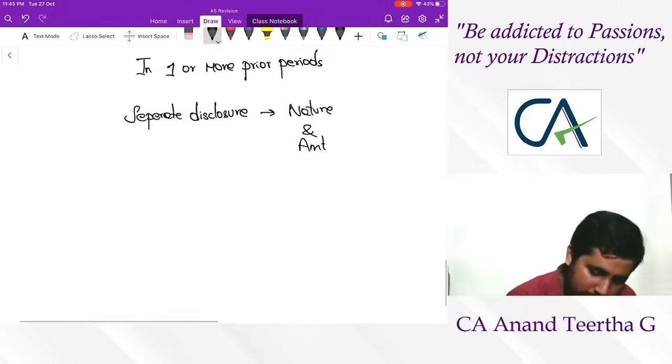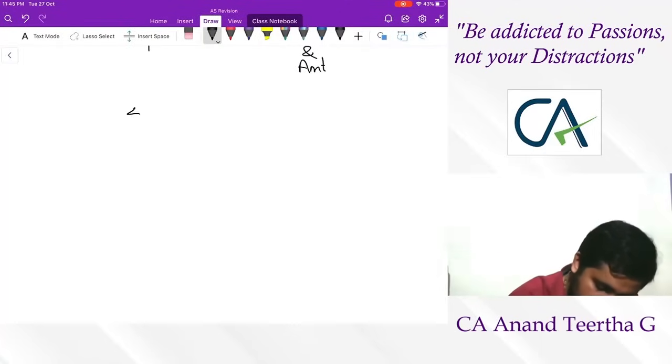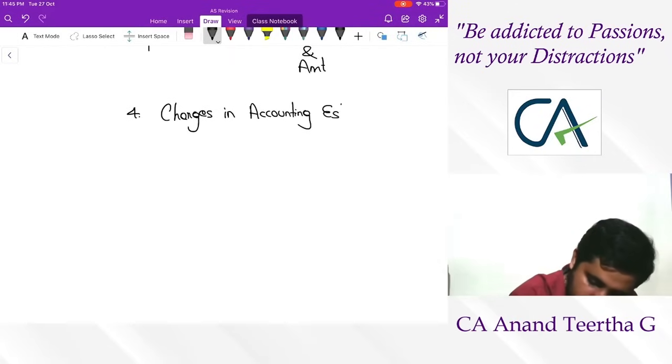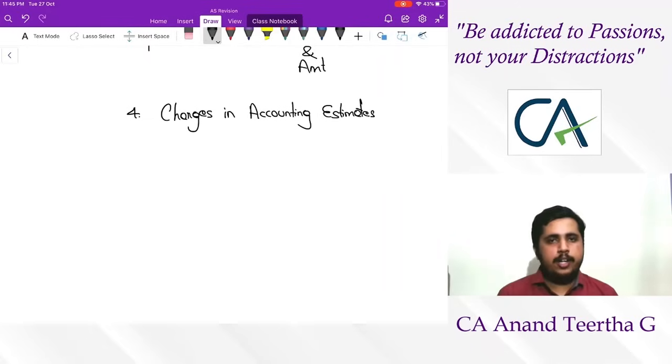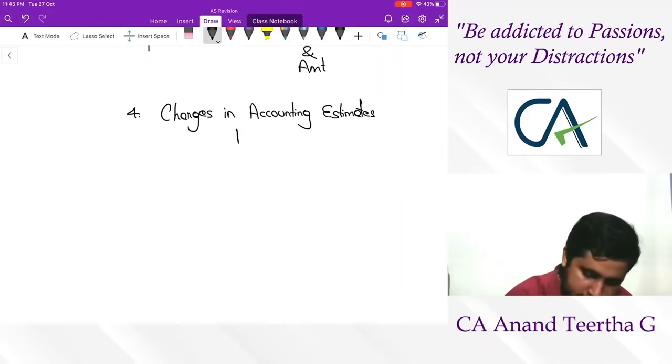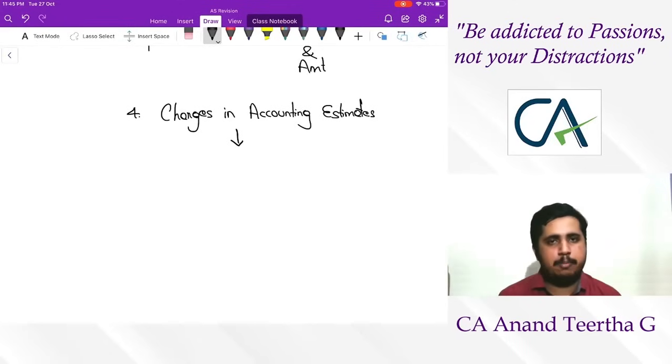Then the fourth one, changes in accounting estimates. A lot of things in accounting are done on an estimation basis, because there are a lot of needs. Prudence is there, normal day-to-day business activities are there.